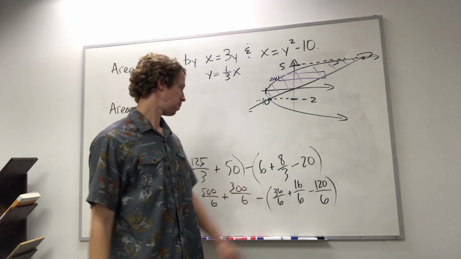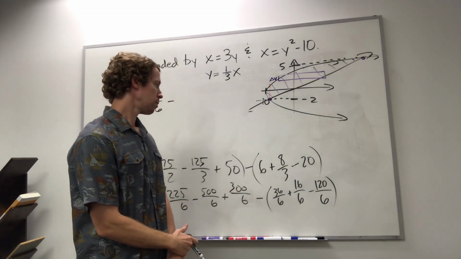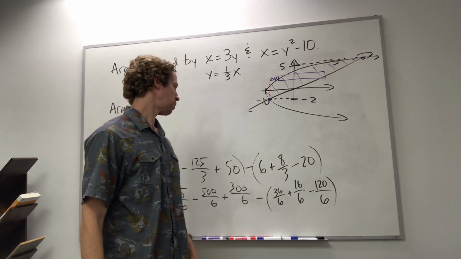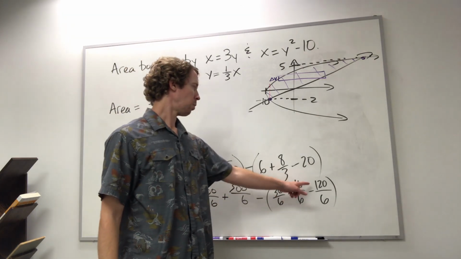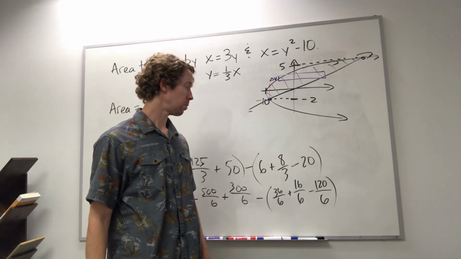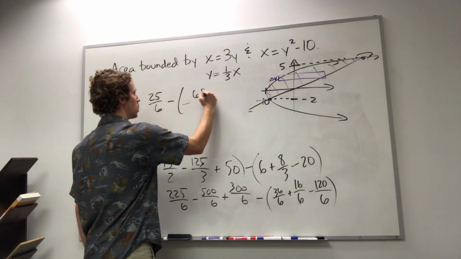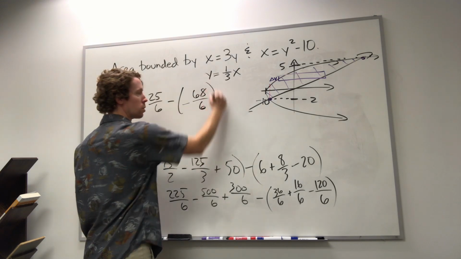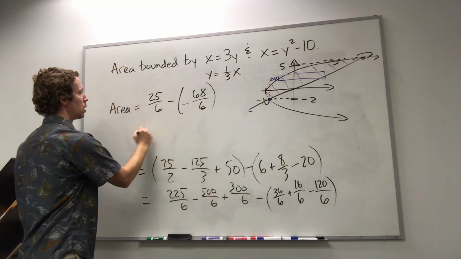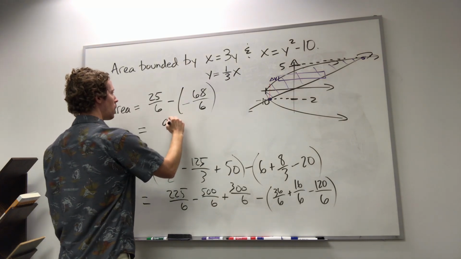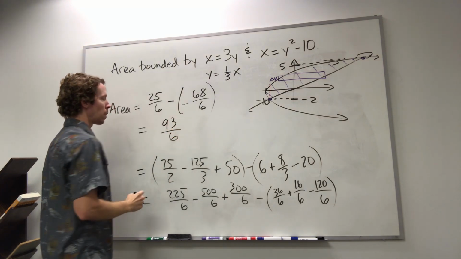And then 36 plus 16 is 52. 120 minus 52 is 68. So I believe this is what I have inside of there. And then when I combine those, it looks like I have 93 over 6.